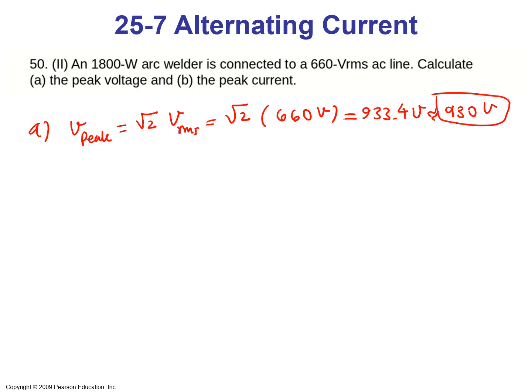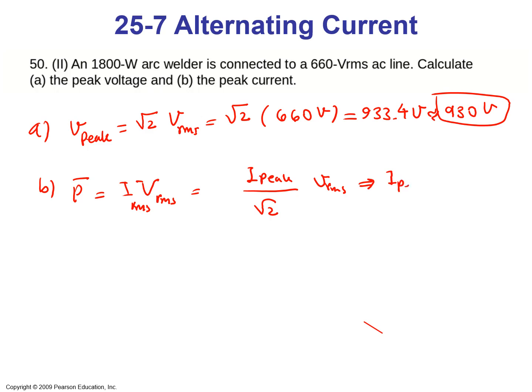For part B, we use the definition of the mean power, which is equal to I RMS times V RMS, and this is equal to I peak divided by root 2 times V RMS. So I peak is equal to square root 2 times mean power divided by V RMS.